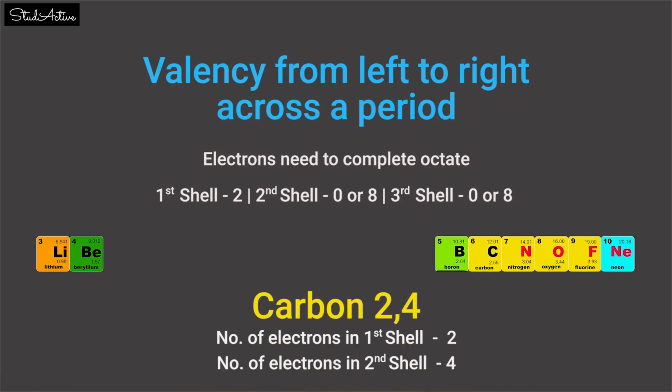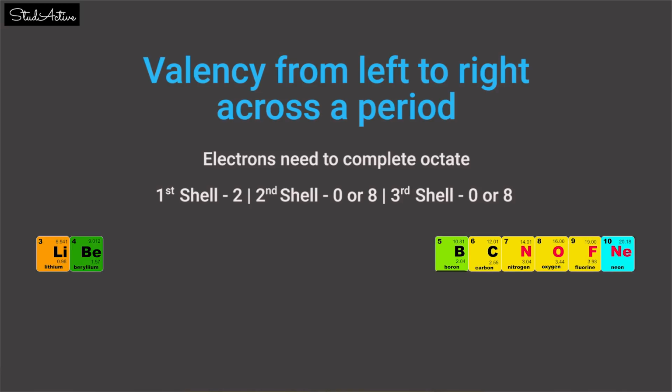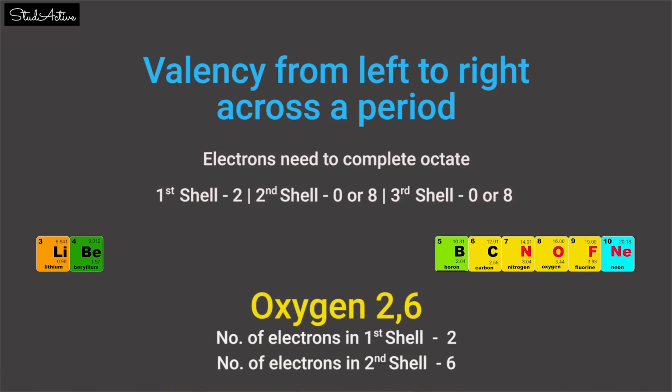Let's go to the next element. After carbon, nitrogen. The electronic configuration of nitrogen is 2, 5. Now, nitrogen will take 3 electrons rather than giving electrons. So it will take 3 electrons and attain its octet state. So the valency of nitrogen is 3. Similarly, oxygen has got electronic configuration 2, 6.